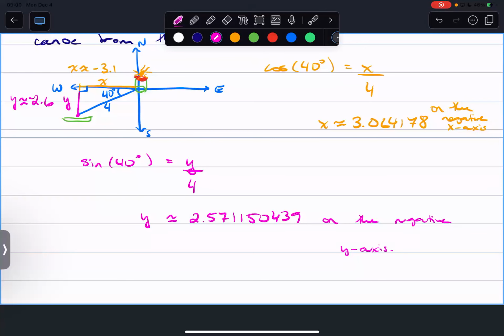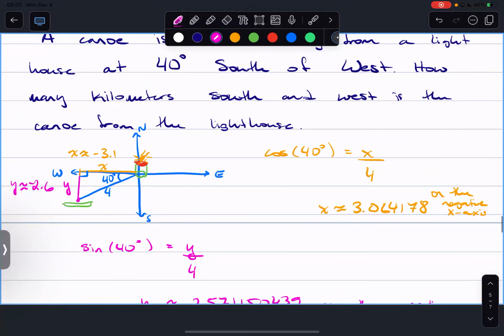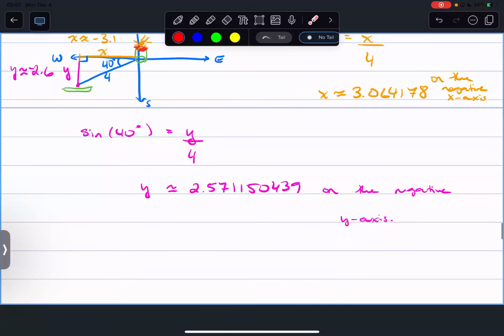Which means, right, moving south is moving down, right? So 2.6 kilometers south and 3.1 kilometers west of the lighthouse.